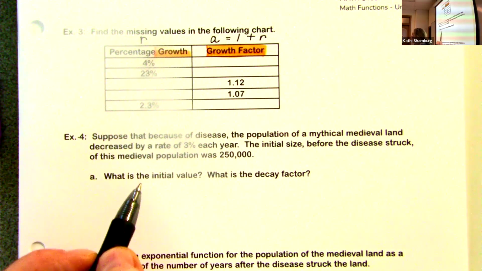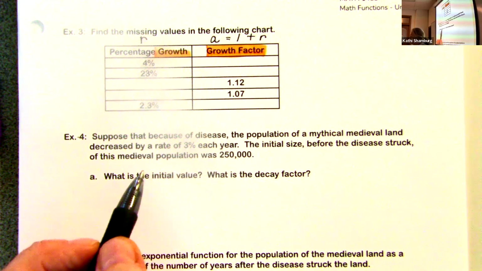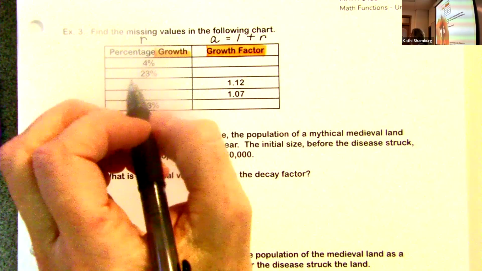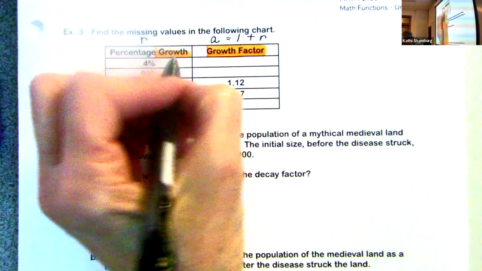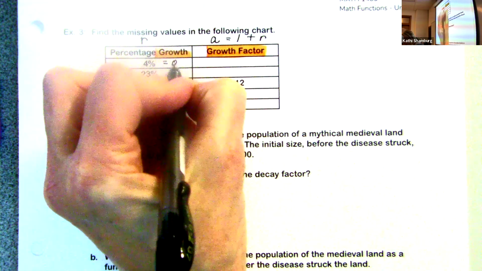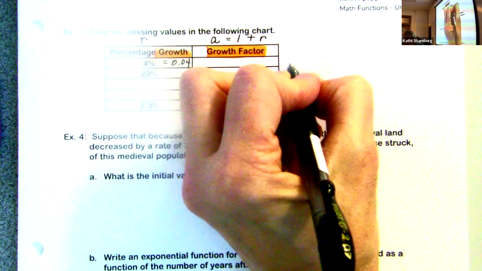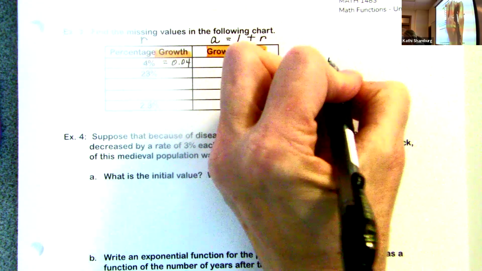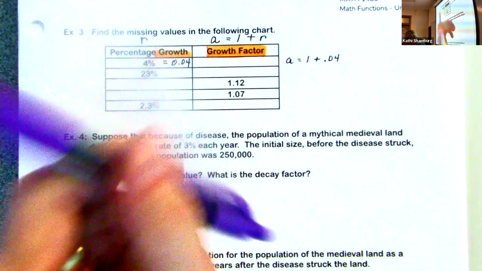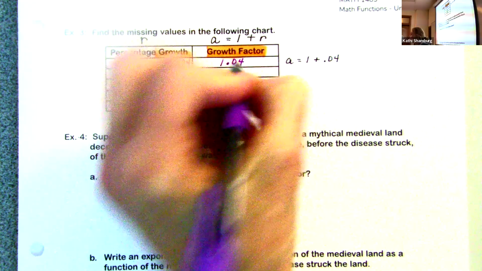Do I take 1 plus 4% and get 5? No, what do we have to do with that rate? We convert it to its equivalent decimal. When you convert to a decimal, you move the decimal point 2 places. So 4% is the same thing as 0.04. So this first growth factor, A, is going to be 1 plus 0.04, so we know our growth factor is 1.04.